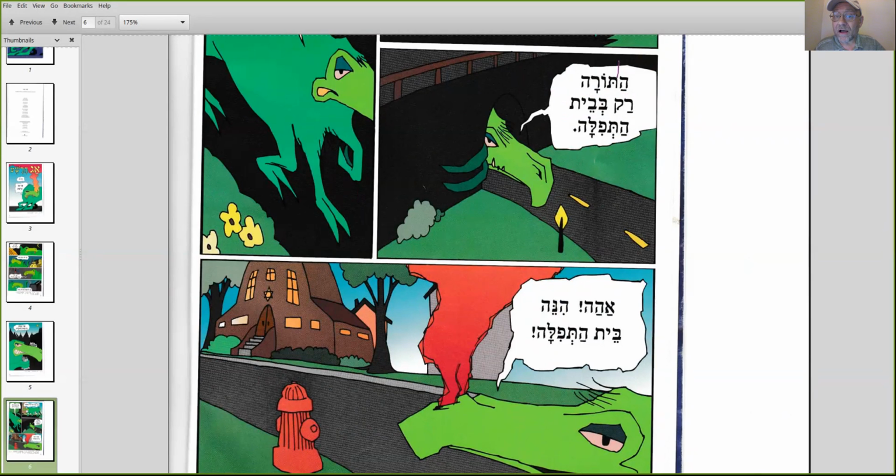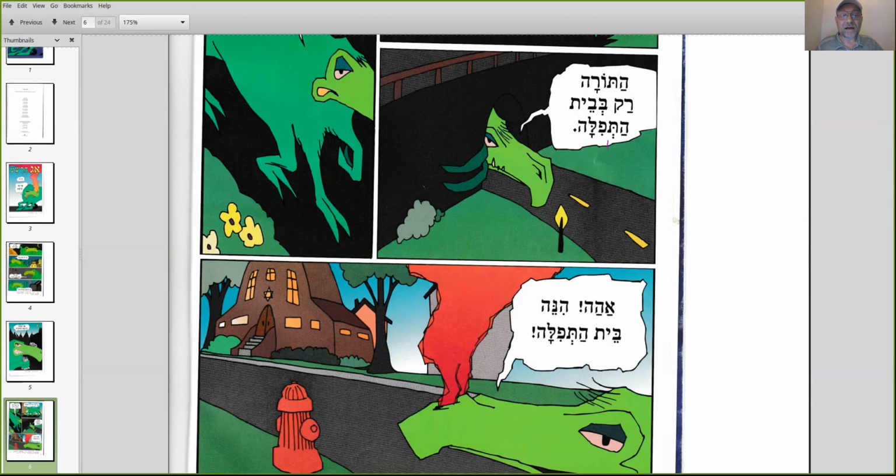The Torah only is in the house of prayer or temple or synagogue. The Torah is only there. But we know as believers also that if we study the word even in our homes, it resides in our hearts, doesn't it? But for the purposes of this story, Og knows where to go to get the Torah.